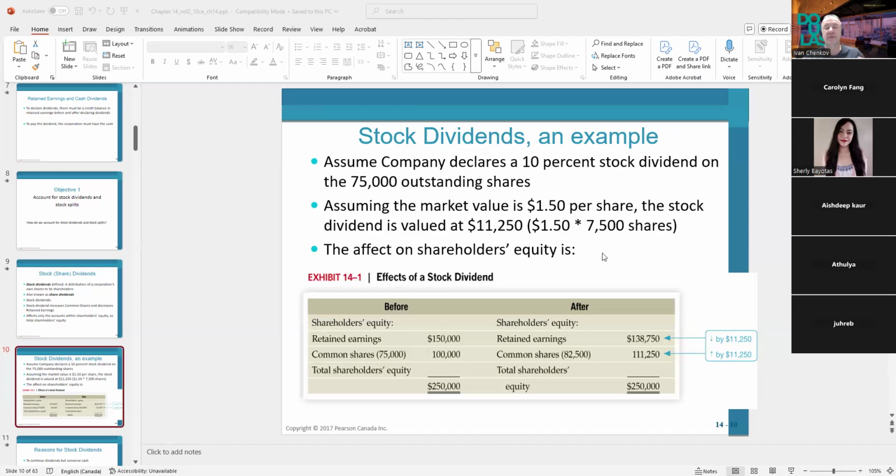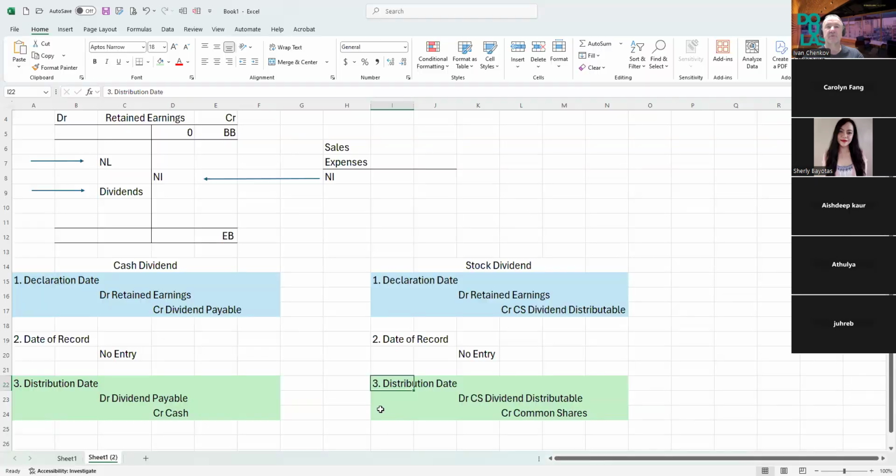On the day of the distribution date, now we're not talking here. Let's go back to the Excel spreadsheet and adjust to some extent the terminology just to make it fit. Here we can call it payment date, because we're going to pay that cash, whereas here it's clearly distribution date.